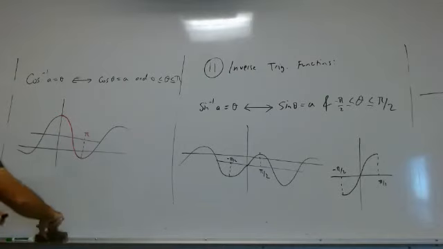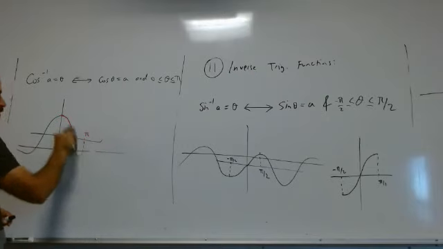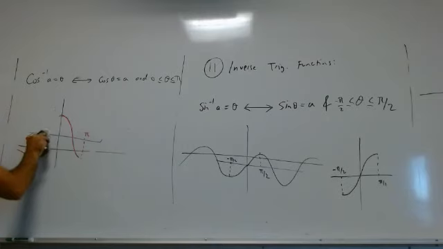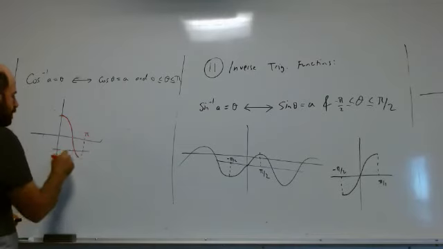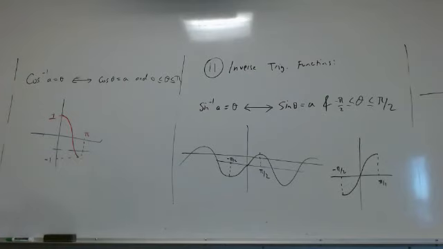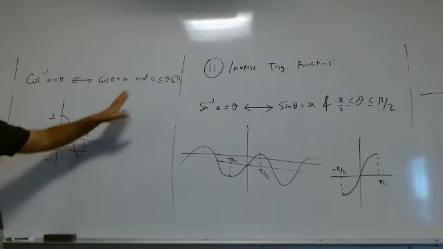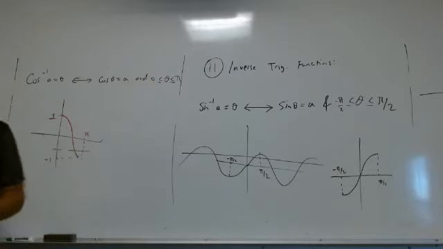So if I delete the rest, see, now it passes the horizontal line test if I delete this part. This is minus 1, this is 1. So again, for cos theta, we have to change the domain to 0 and pi, and then the function becomes 1 to 1.